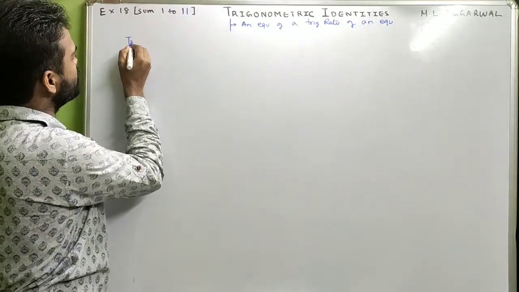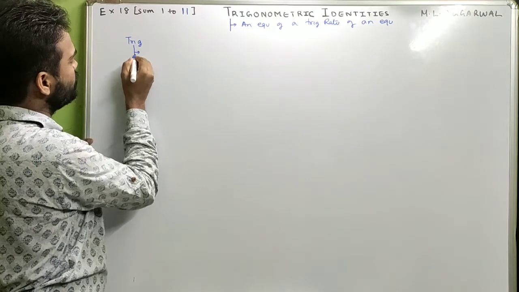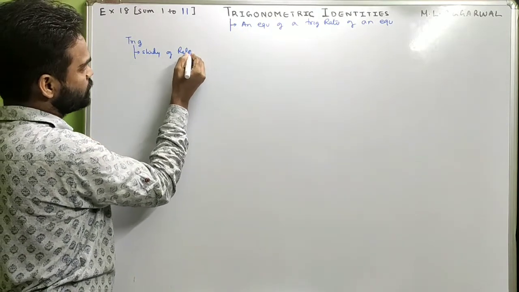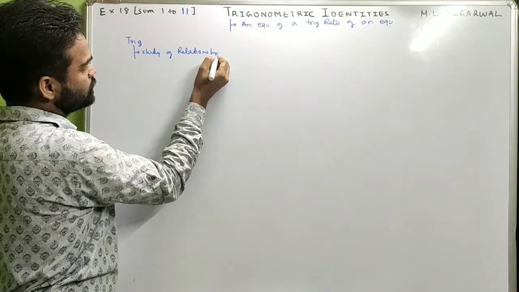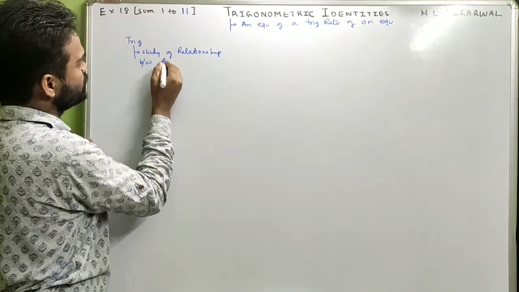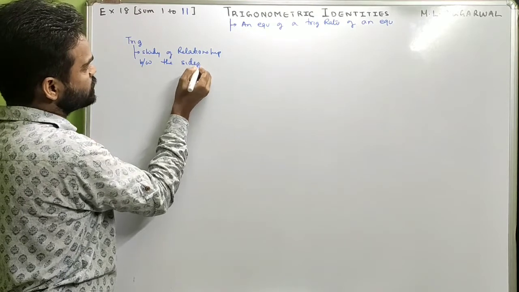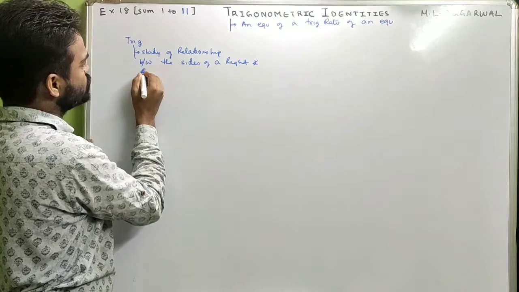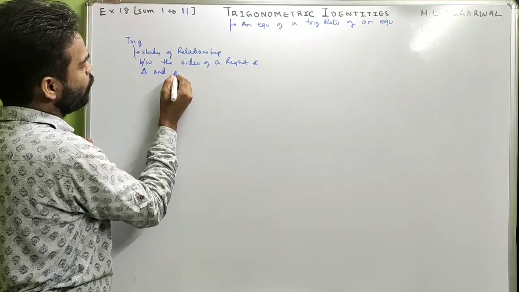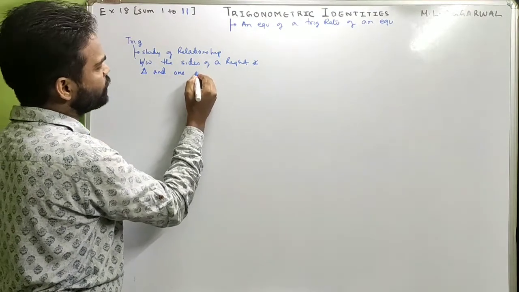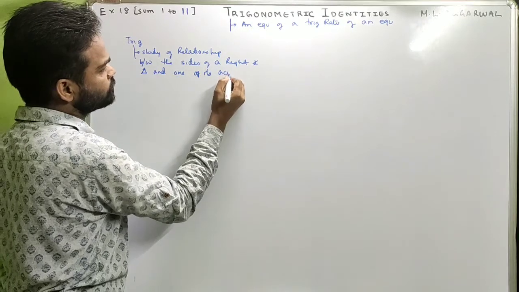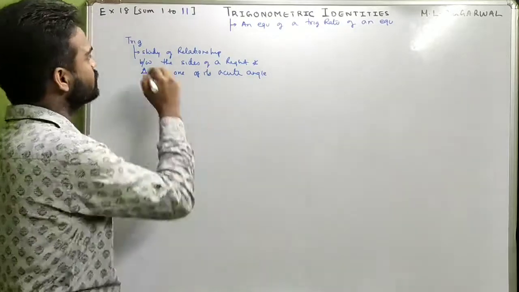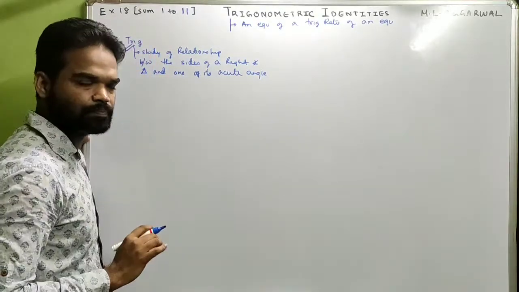Now we have already done that trigonometry is the study of relationship between the sides of a right angle triangle and one of its acute angles. So the relation between the angle and side, that is trigonometry. We have done it.